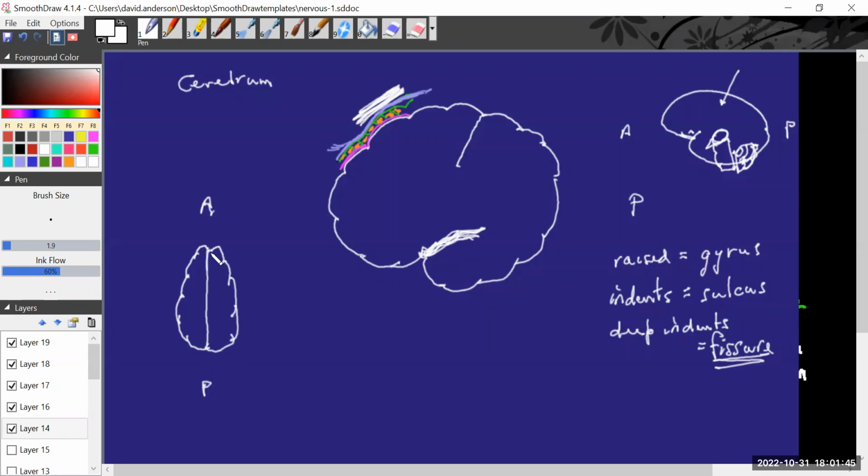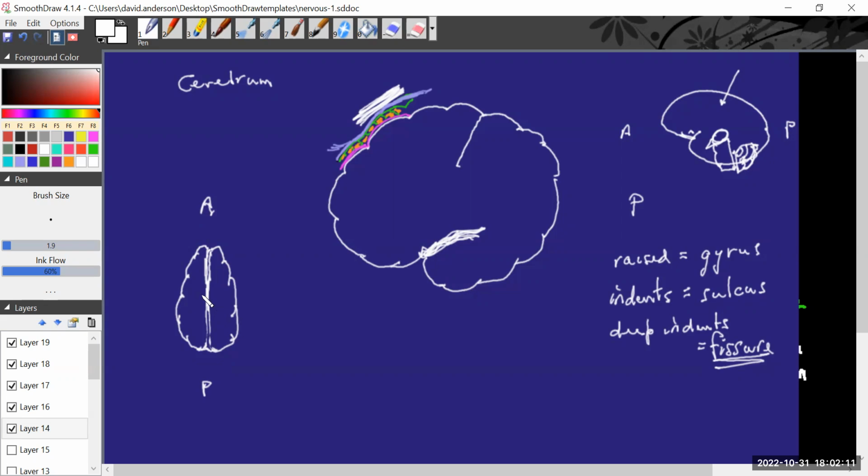But there's a longitudinal fissure, a very deep indentation that actually separates the right and left hemispheres from each other, except in the very center part.